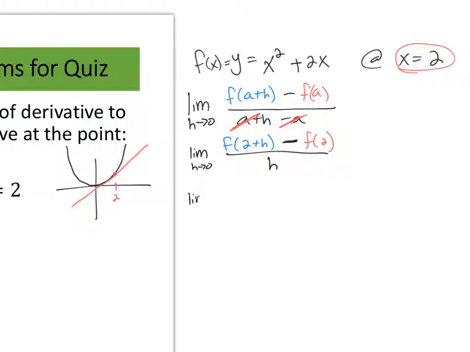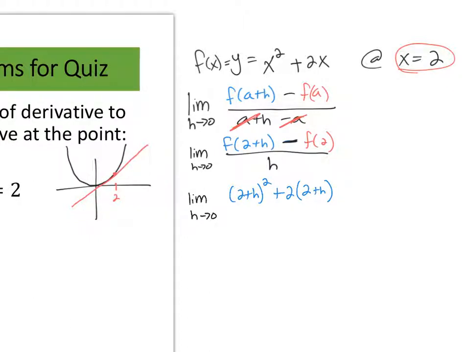So the limit as h approaches 0 of f of stuff, which is stuff squared plus 2 times the stuff. Ooh, that's not a anymore, it's 2. 2 times the stuff.